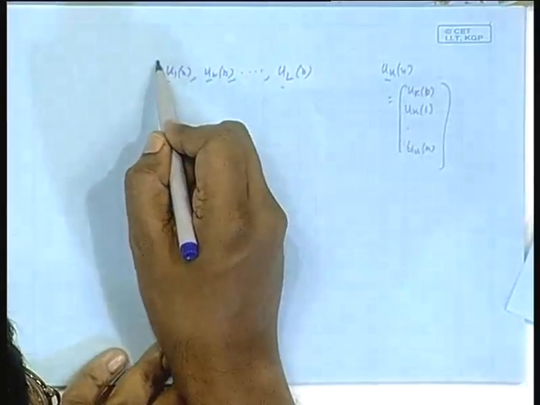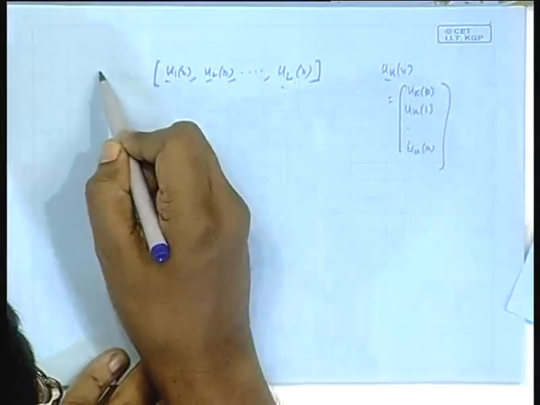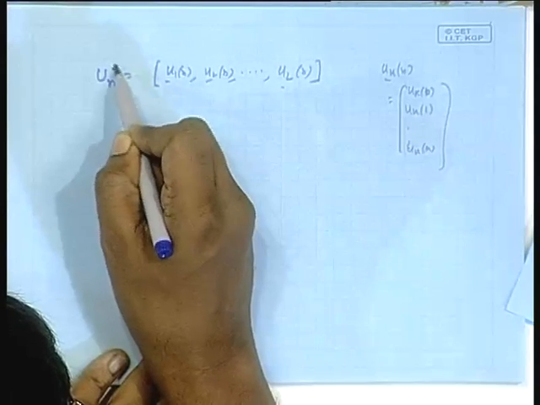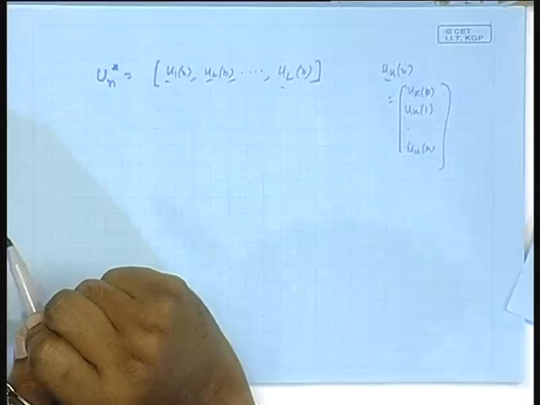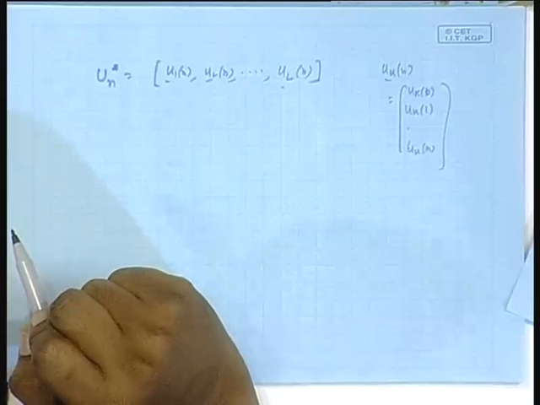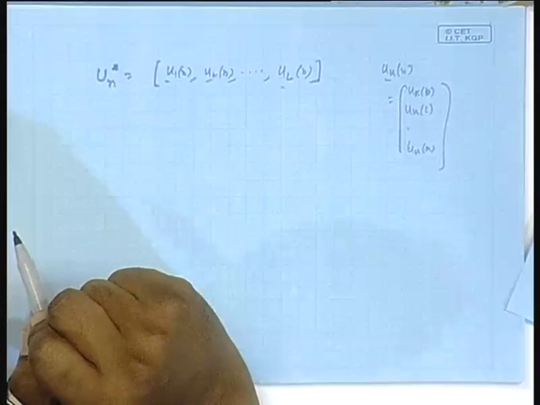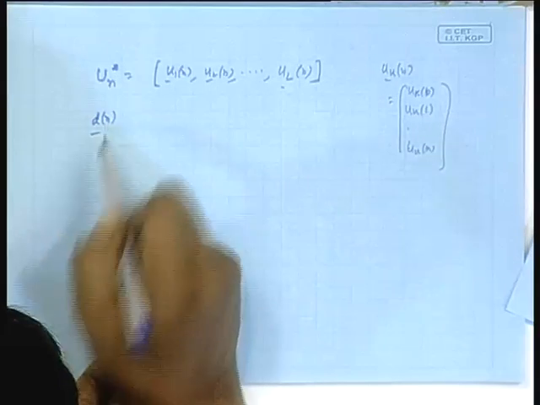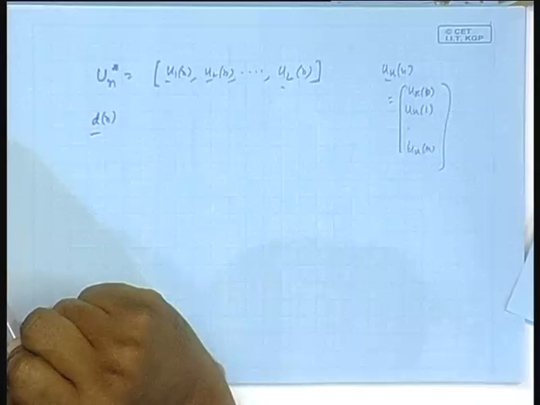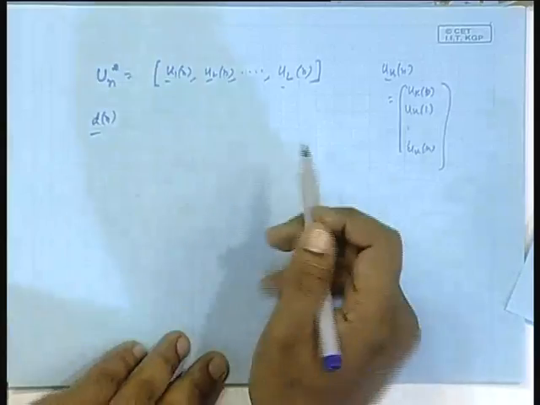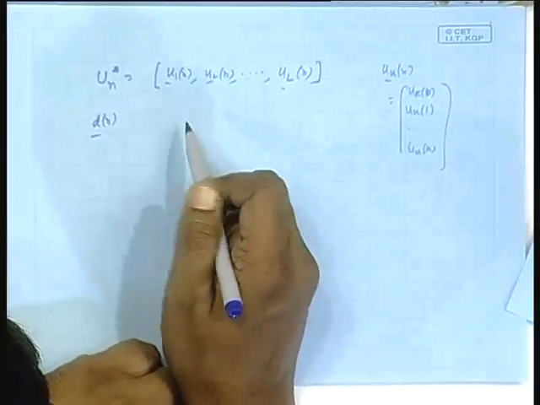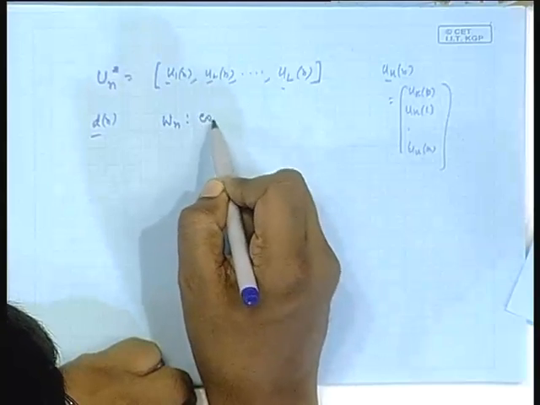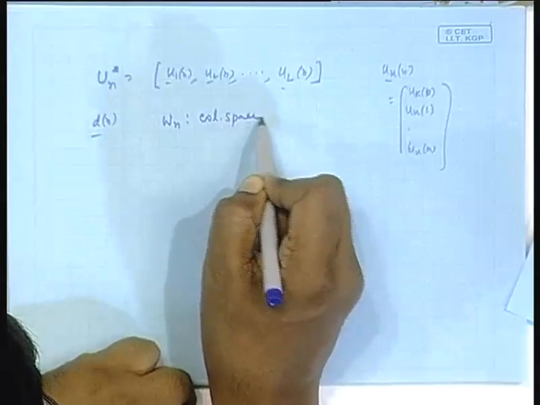You form a matrix called U n. And suppose there is an external vector d n also. Let W n be the column space of U n.